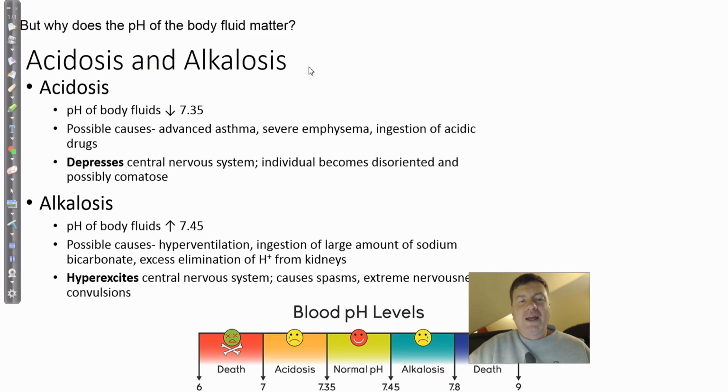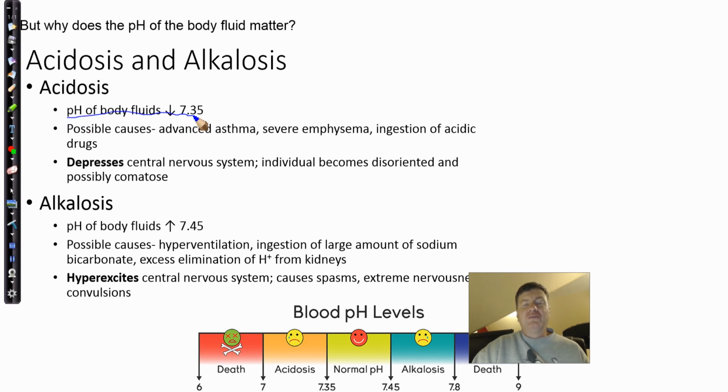So what? Why does it matter? If the pH is a little bit off, so what? Big deal. Acidosis and alkalosis are huge medical issues and potentially fatal issues because they are disruptions of homeostasis. In acidosis, we're talking about your body fluids, but in particular blood.